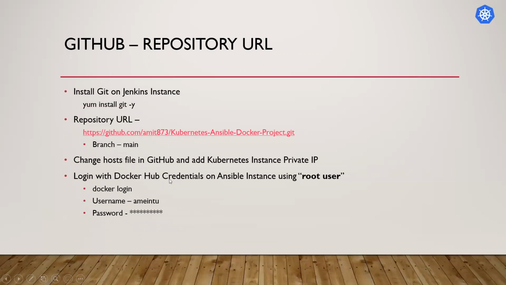When Ansible creates an image and wants to push this image to Docker Hub, it needs credentials to log in with Docker Hub. So we have already created the connection. It is required. Otherwise, we'll get a credential exception.